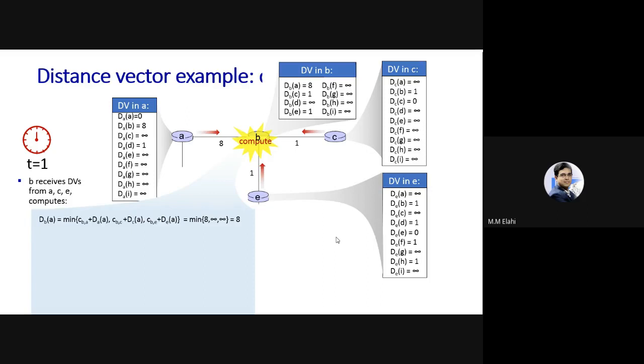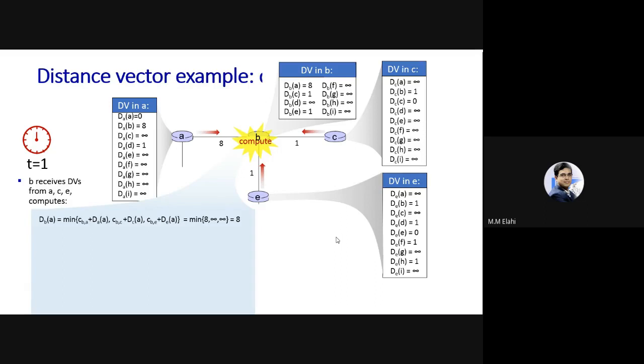Ok, now similarly CB to C, second value, direct cost B to C, and then C to A. Now this C to A value, how B gets that value? From the distance vector advertisement of C. So what is the value of C to A?